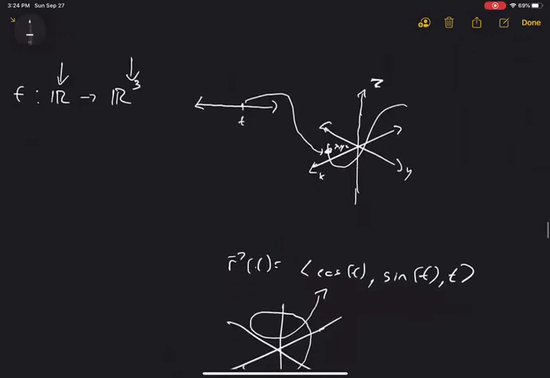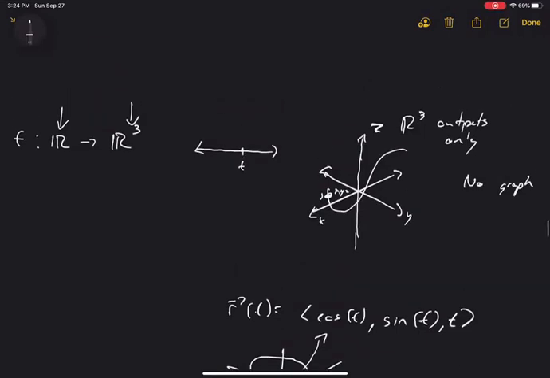So we didn't actually graph inputs in relation to outputs. We had this R3, and all we did was draw the outputs. So that's what was going on for these vector valued functions.